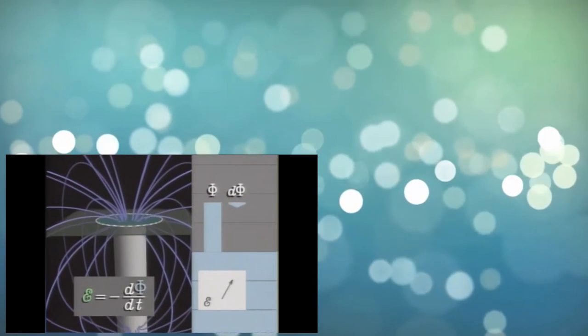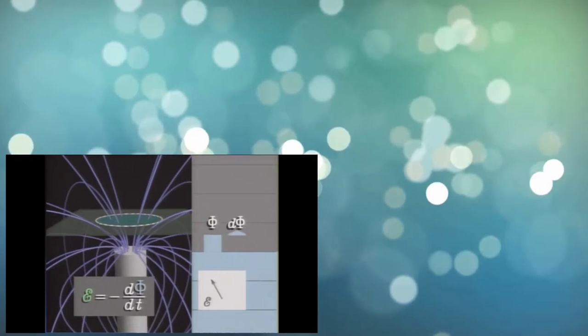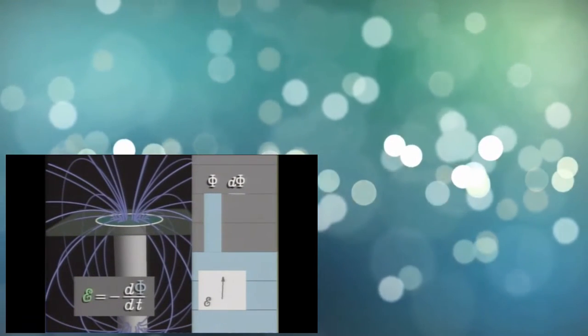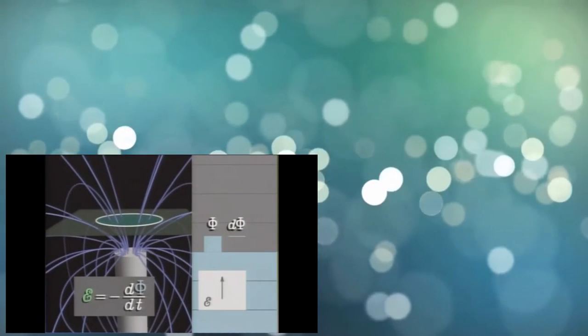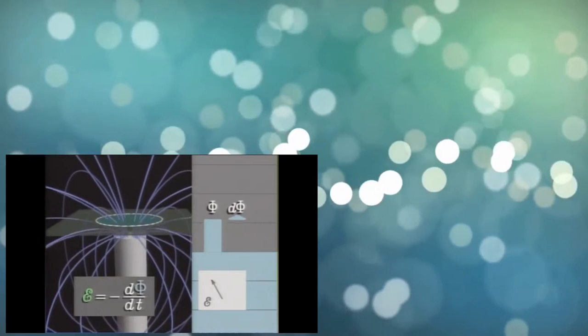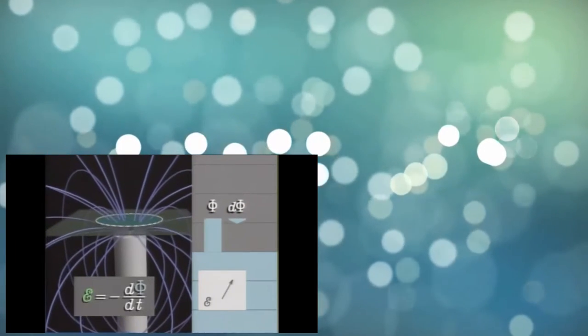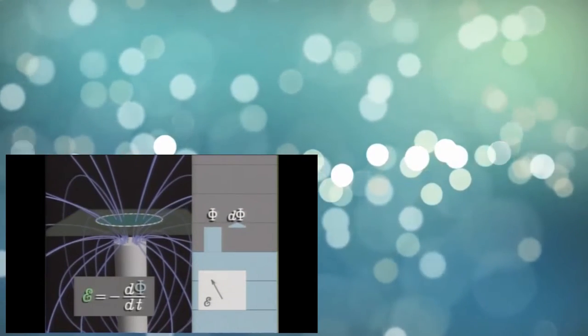The changing flux causes a current to flow as if it were driven by a voltage. That voltage, called the electromotive force, E, is equal to minus the rate of change of magnetic flux through the loop. That's called Faraday's law of electromagnetic induction.